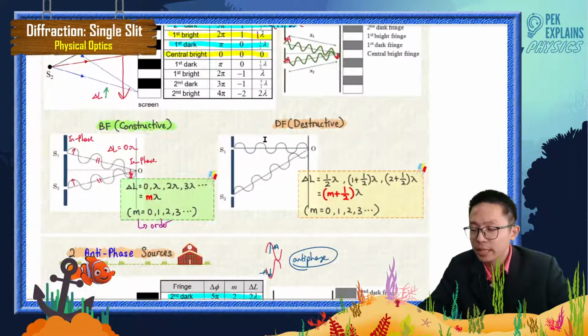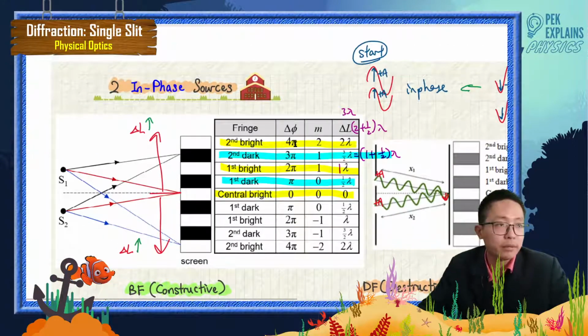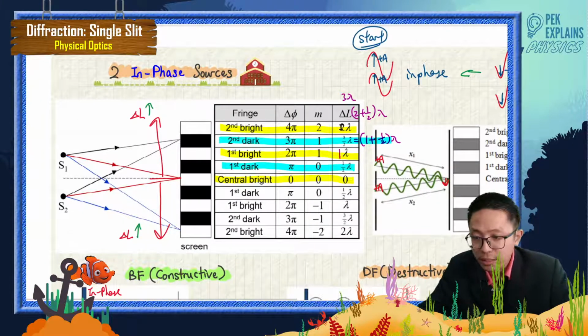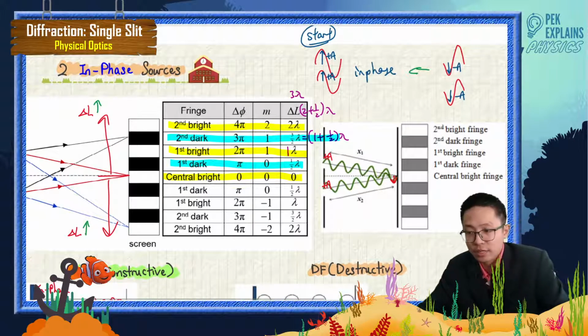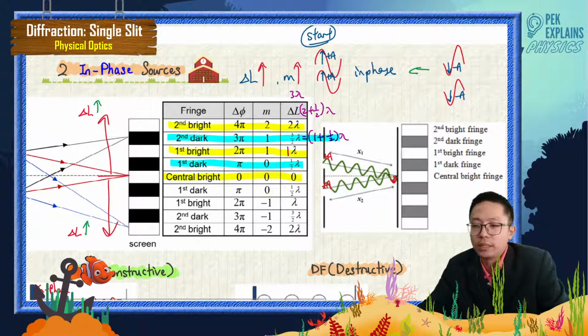You see that? The bigger the delta L, the higher the order. So in a nutshell, the bigger the delta L, the bigger the order.